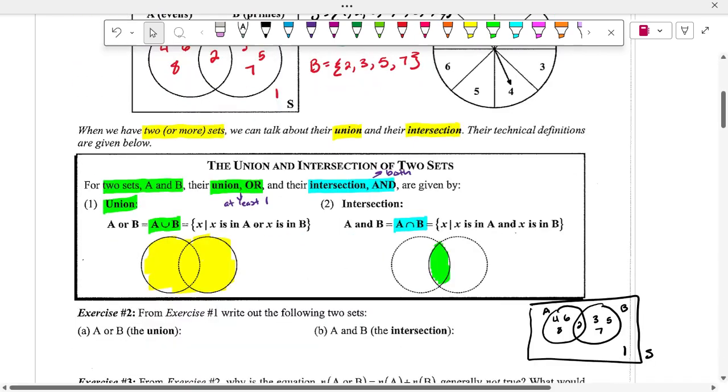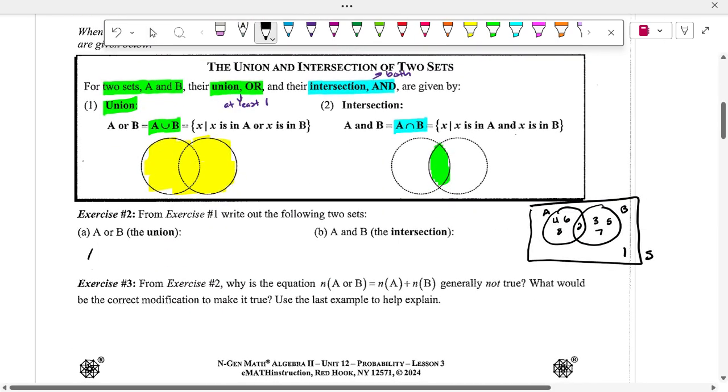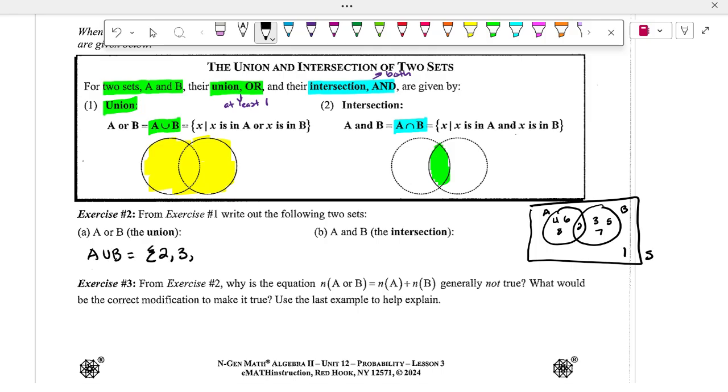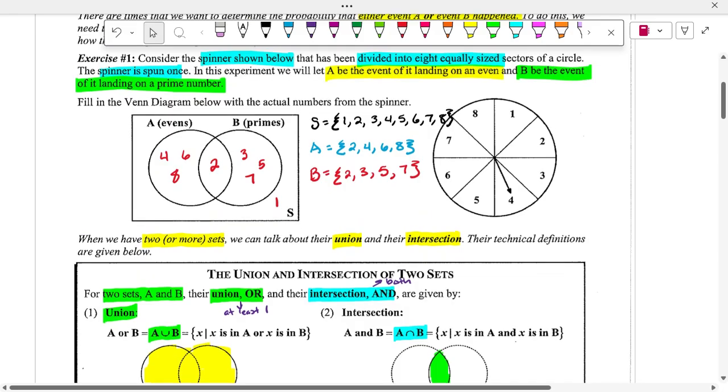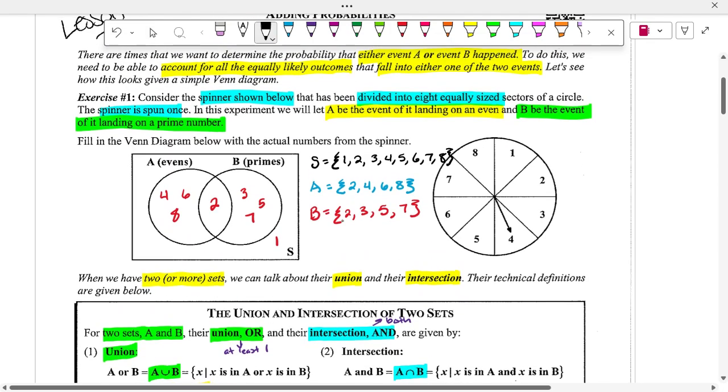A or B would be equal to 2, 3, 4, 5, 6, 7, 8. We took basically all the numbers in this Venn diagram. All of those numbers are in these two set lists; we just don't have to repeat the 2. So we melded them together. Does that make more sense with what union is?